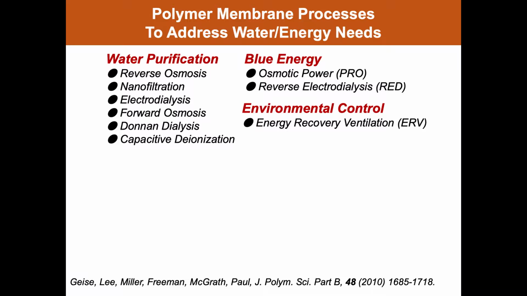There are ways to use membranes to generate energy. So-called blue energy is energy from the ocean, and we talked about the osmotic power one just a moment ago, and I'll share with you a bit later work on reverse electrodialysis. There's also enormous amounts of energy that is being gained today in buildings using membranes through energy recovery ventilation.